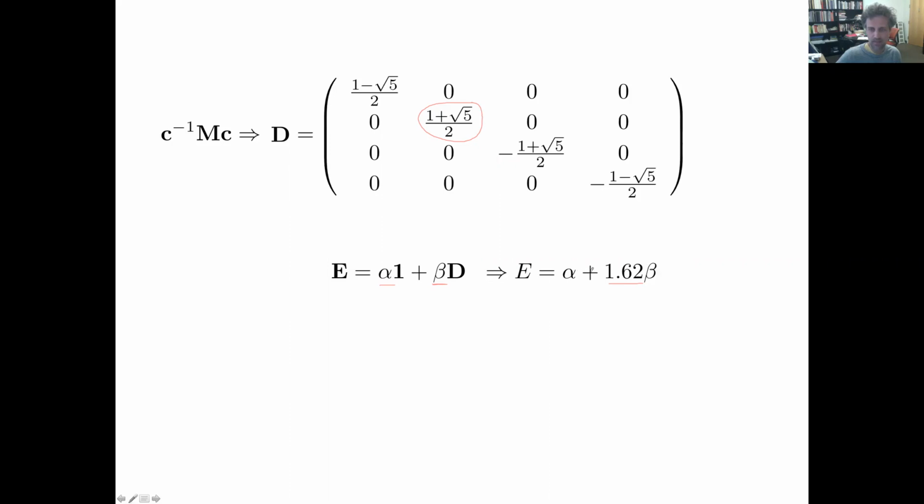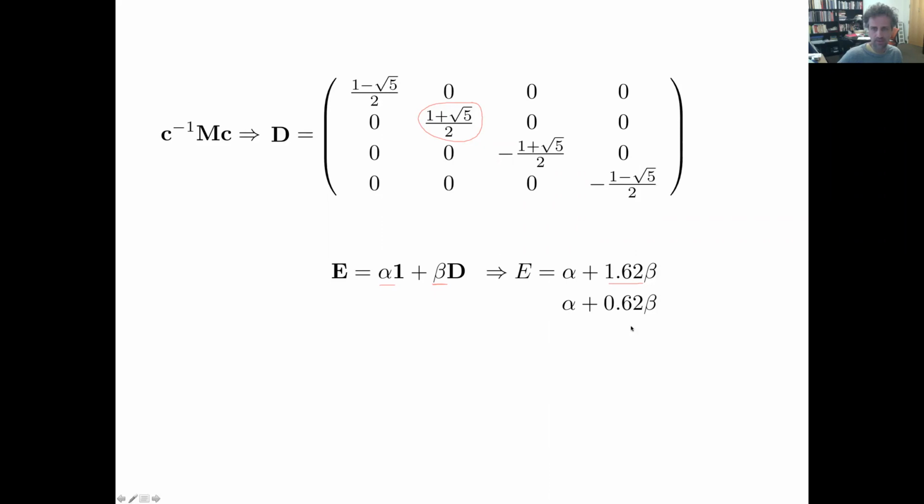Since beta is negative and alpha is negative 2, that's going to be my most negative energy. That means it's going to be my most bonding energy. The next energy is alpha plus 0.62 beta. Again, these things are a little bit out of order. I believe this is the next one.